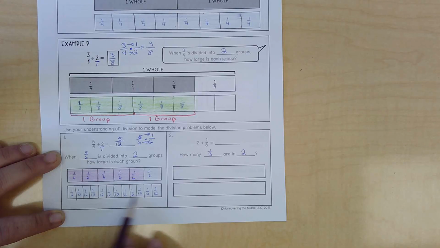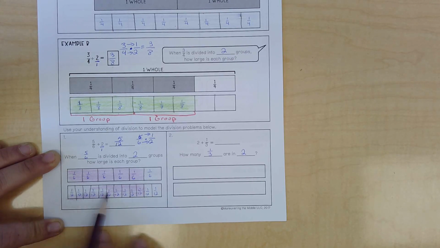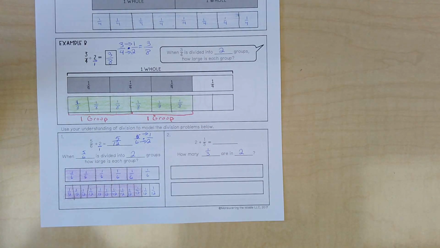And I'm going to use the same color to shade. But again, I'm going to make sure that my shading matches. Right here is where my 5/6 stops. So that's where I'm going to stop down here. Now again, we already solved. Okay, sorry.